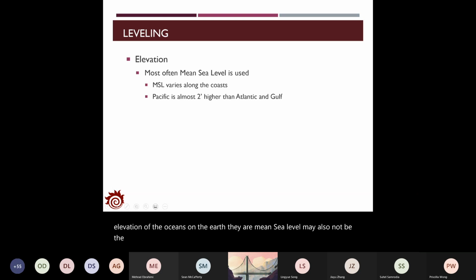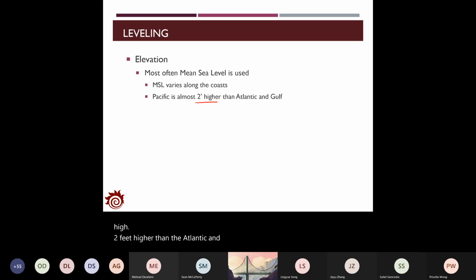Actually, there will be some difference between the mean sea levels at the different oceans. For example, the Pacific Ocean is usually about 2 feet higher than the Atlantic and the Gulf. So those would be some references you have to consider.